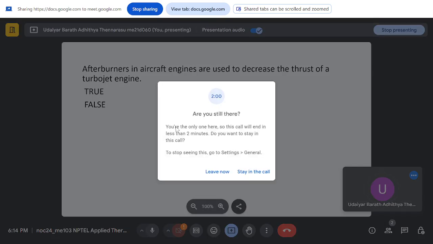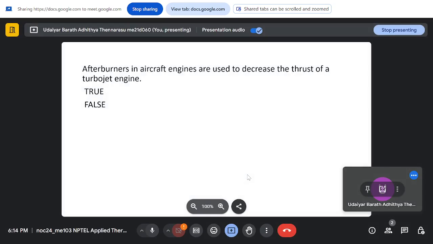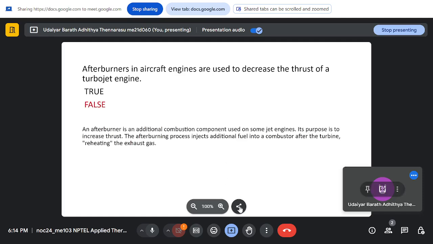Next is, afterburners in aircraft engines are used to decrease the thrust of a turbojet engine. So A, true, and B, false. So answer is false.